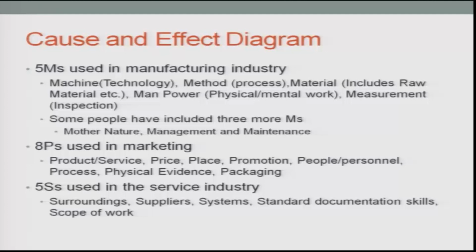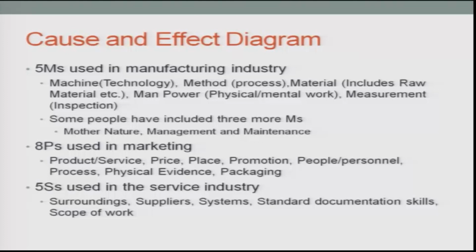So, the cause and effect diagram. The 5 M's for manufacturing are machine and technology, method or process, material, which includes raw material and evaluation of the inputs, manpower, both physical and mental, and how they are utilized, meaning how you are able to use the services of that manpower. Measurements are basically to do with inspections.